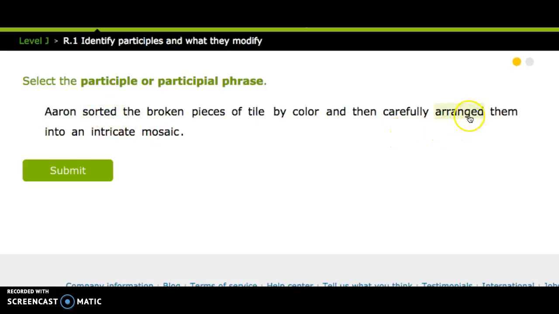We have arranged, and I think that one also appears to be functioning as a verb, because Aaron is carefully arranging them. So that leaves me broken. When something's broken, it could be a verb, but in this case, because it's in front of pieces of tile, a noun, it is modifying that. So broken is the participle.